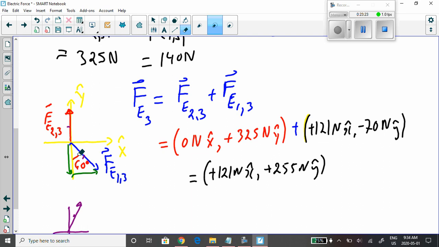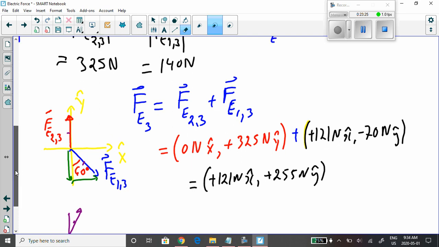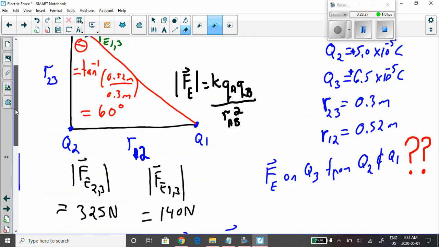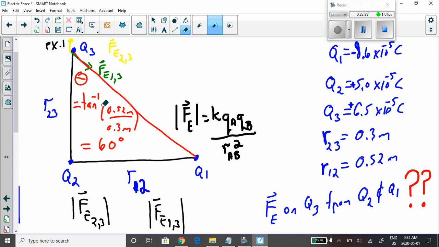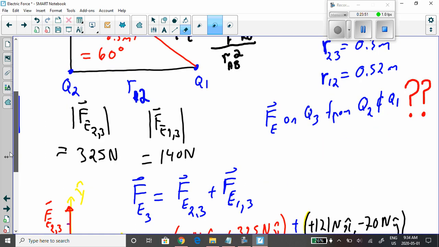Theta right in here is tan inverse of the opposite, 0.52 right here, over the adjacent, 0.3 right there. So 0.52 over 0.3, we get 60 degrees in there. I didn't mention it before, but it was there for you.